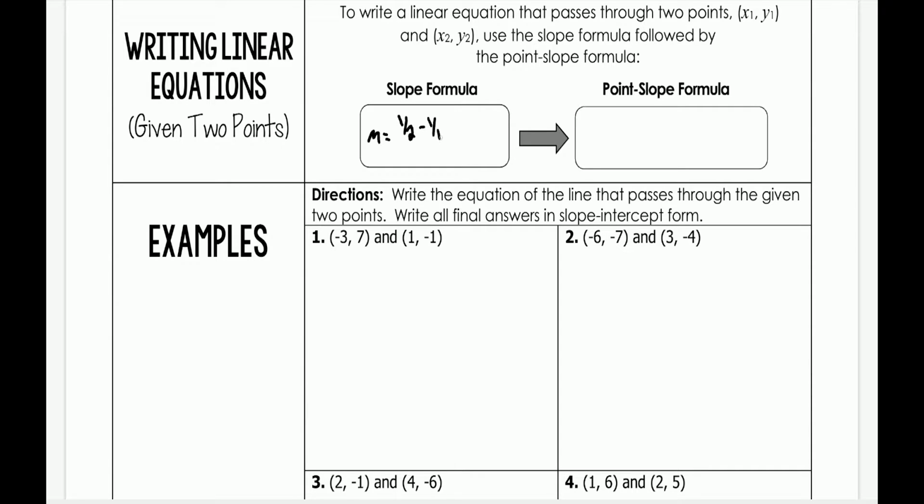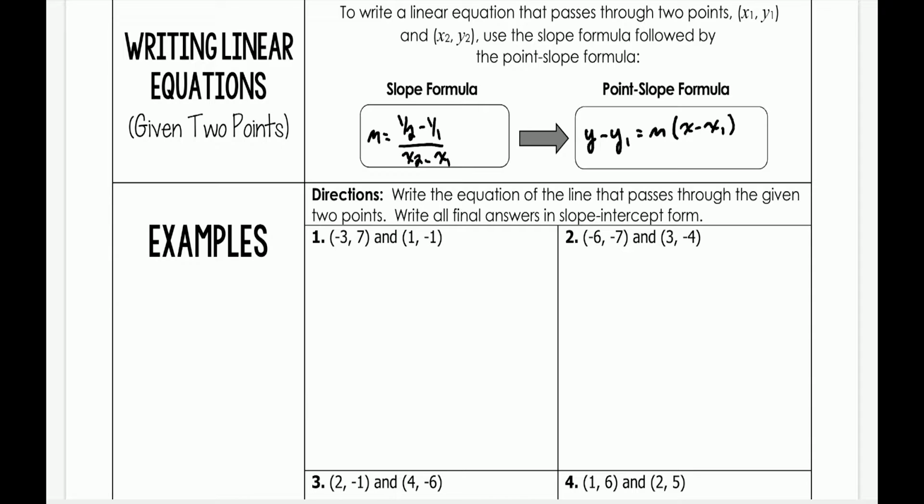If we remember, the slope formula is m is equal to y2 minus y1 over x2 minus x1. And then our point slope form was y minus y1 is equal to m times x minus x1.